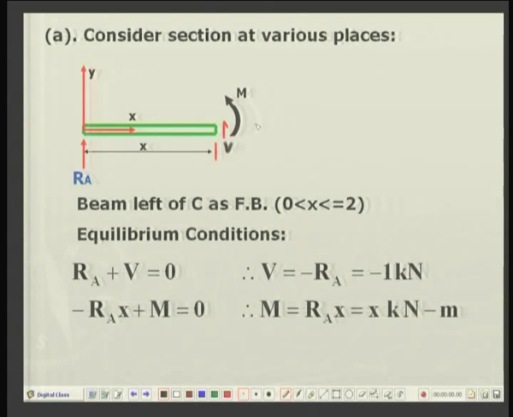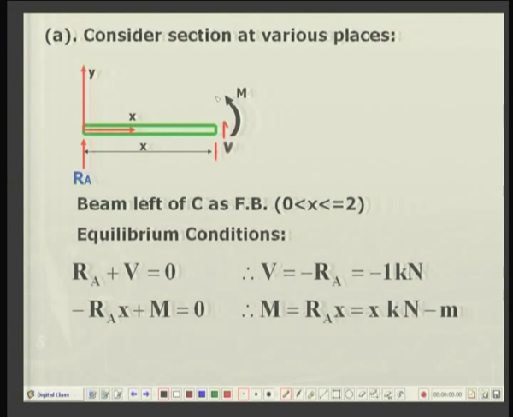So, consider the equilibrium of this part of the beam. Sum of the vertical forces, R A plus V both upward, equal to 0. So, it gives us V is equal to minus R A, which is equal to minus 1 kilonewton. It means in this section the shear force is a constant value of minus 1 kilonewton, and then you take the moment about, let us say, the middle of this section.